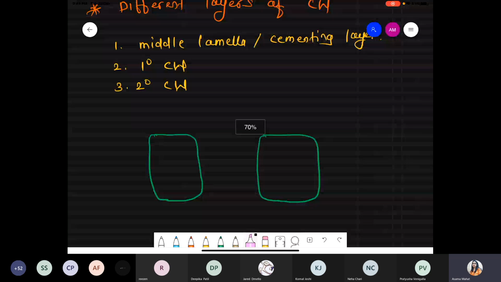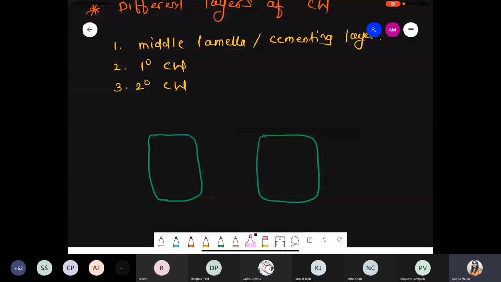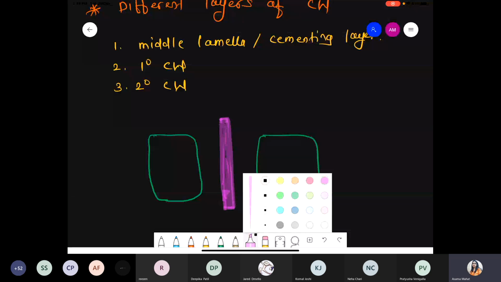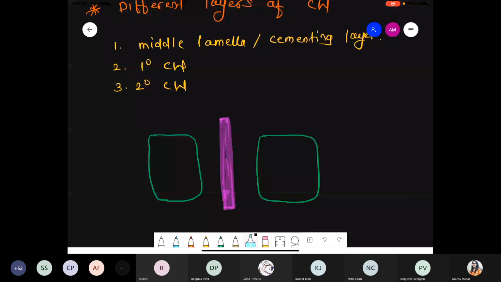Between the 2 plant cells, now there is a deposition of some material. Surrounding that cell, now there is a deposition of another material. And finally, there is a deposition of a third material.